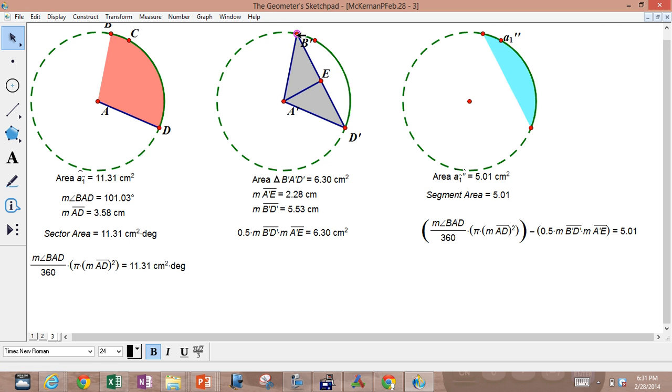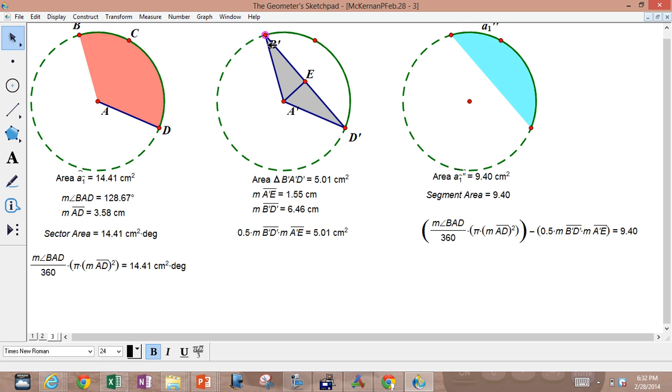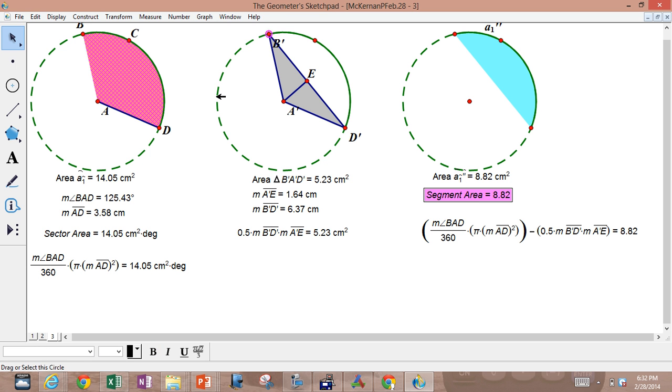More often than not, the triangle in there is going to be one that you recognize, such as a 30, 60, 90, or it's going to have Pythagorean triplets in it. So look for those things in the exercises coming your way. The segment area is the sector area minus the triangle in there.